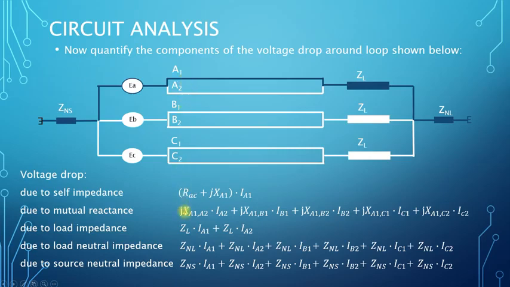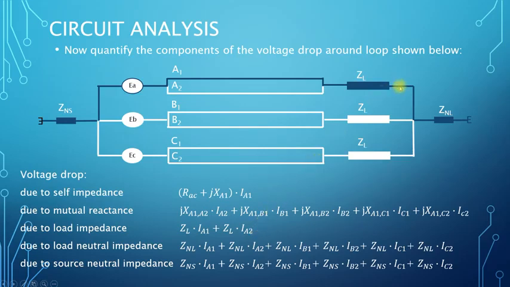So we have all these terms here. Now there will be a voltage drop across the load impedance. In phase A, the current which is flowing through the load impedance in phase A will be the sum of IA1 and IA2. That gives us this voltage drop here.